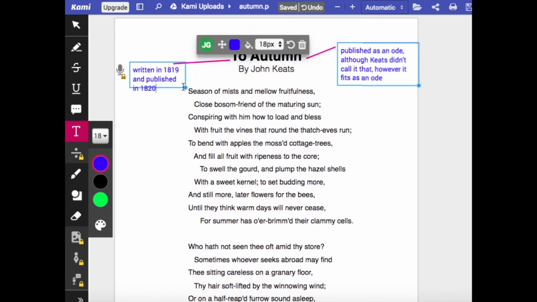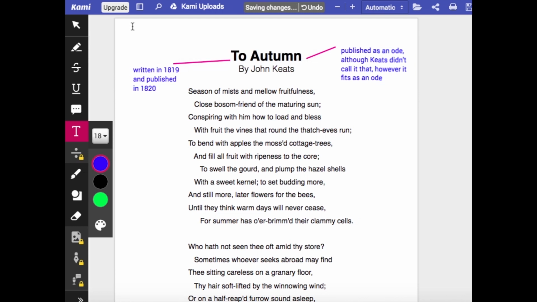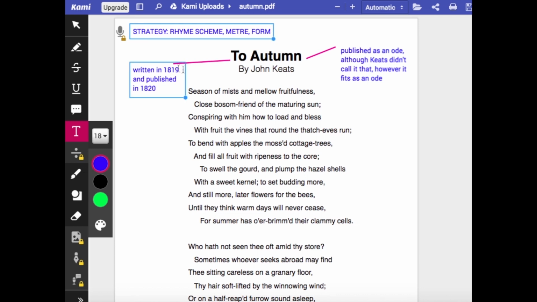When you approach any poem, and if you've seen any of the other commentaries I've done, it's always the same, you need a strategy just to start you off, to start writing your essay. And one of the first aspects of the strategy is look at rhyme scheme, then look at metre, and then you can work out a little bit about the form of the poem, and you have a few first sentences for your essay.